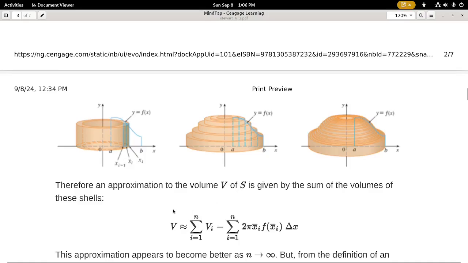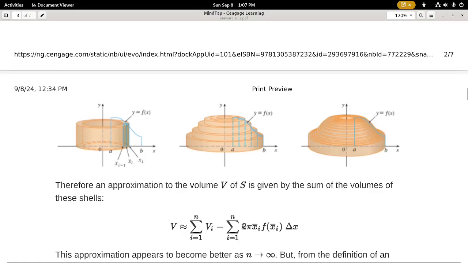So to approximate the volume, it's given by this formula, where you sum from 1 to n, however many shells you have. We compute the volume of each shell and add them all up. As we take more and more shells, this approximation gets better and better.